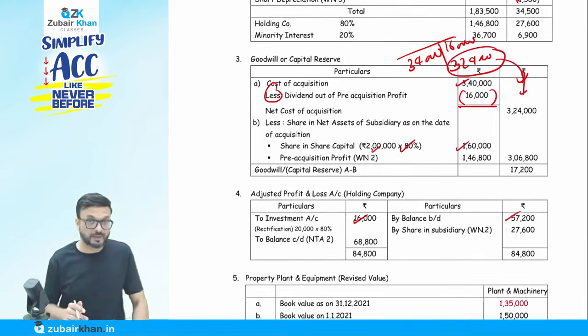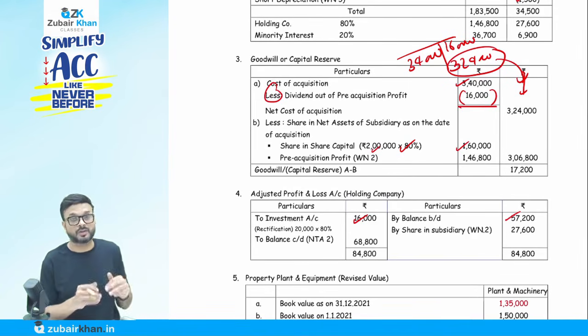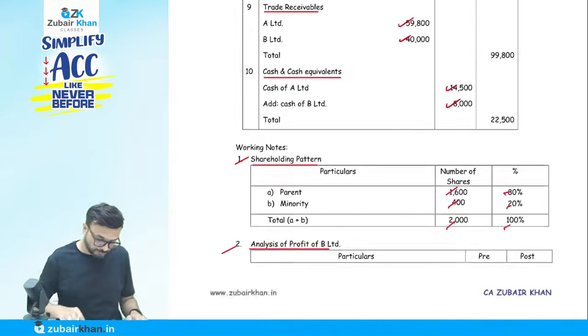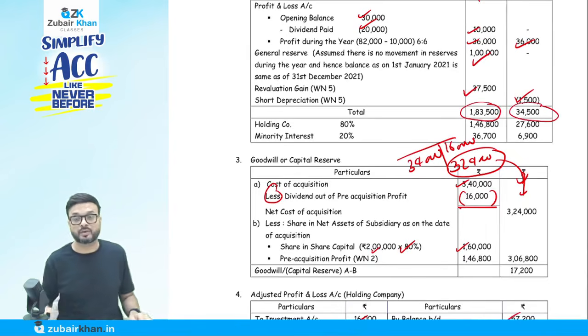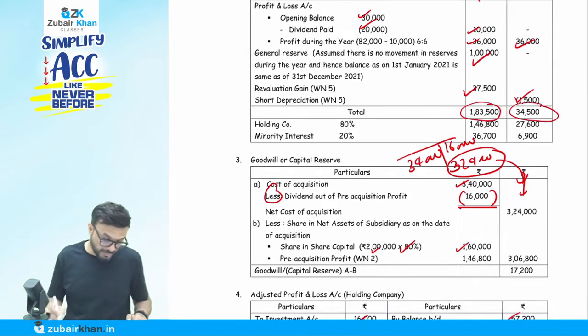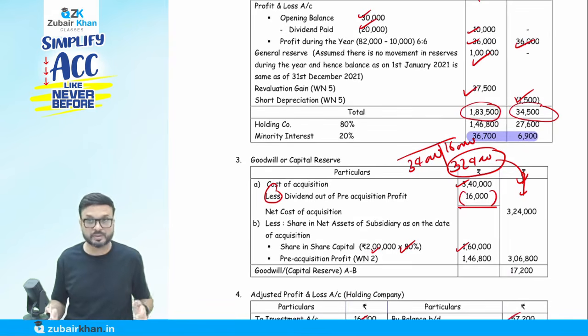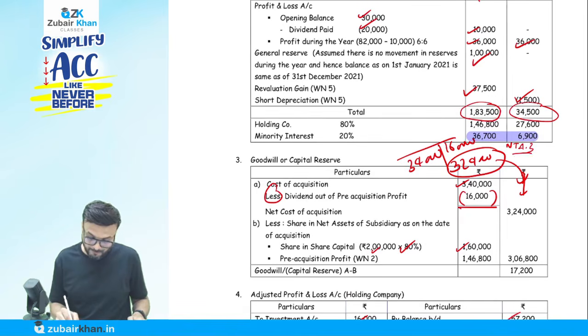Not done yet. We have to close all the working notes first. Working note 1, shareholding pattern. Pre-acquisition is 183,500 and post-acquisition is 34,500. The minority share goes to minority, pre or post doesn't matter, so it goes to notes to account number 3: 36,700 and 6,900.